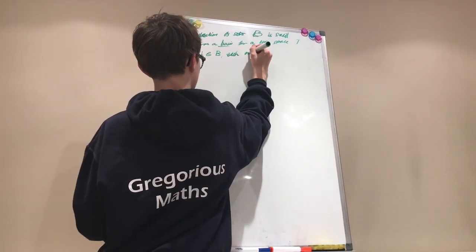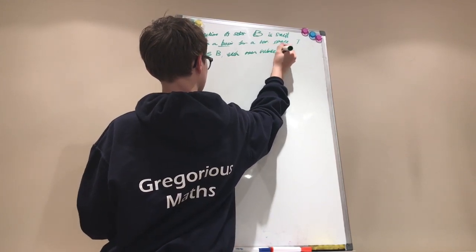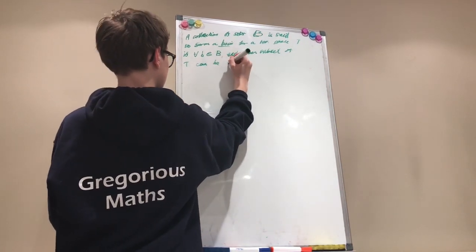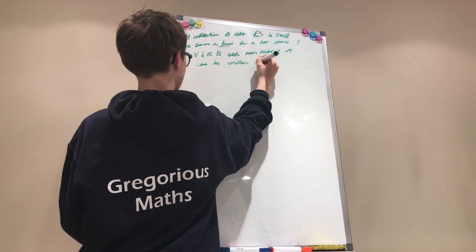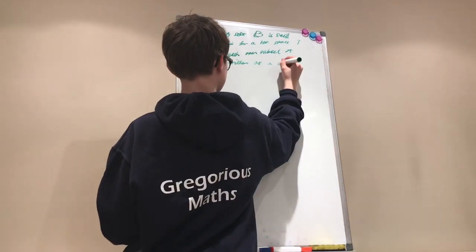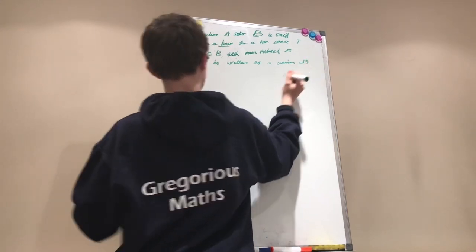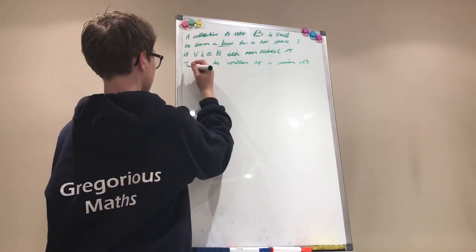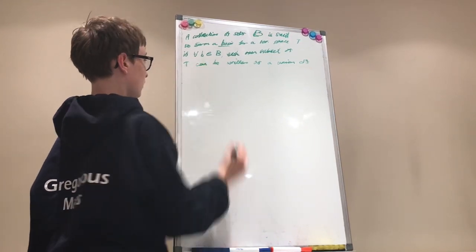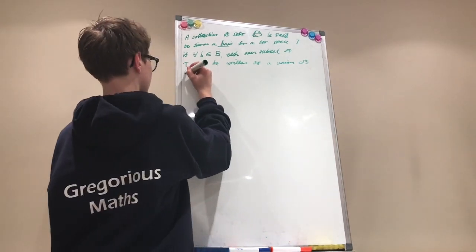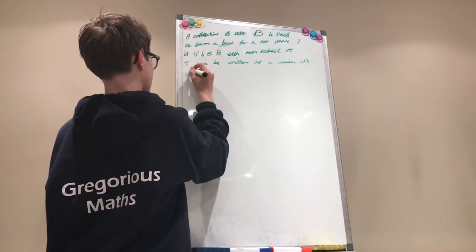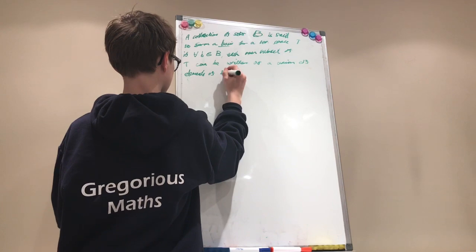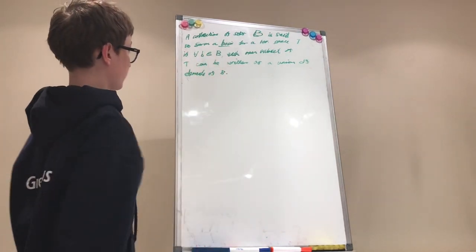each open subset of T can be written as a union of elements of B. I didn't really need that, but okay.